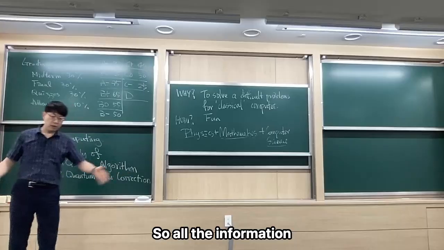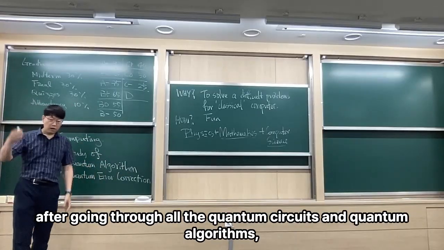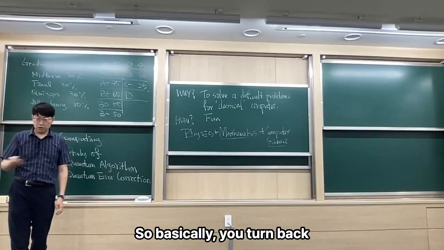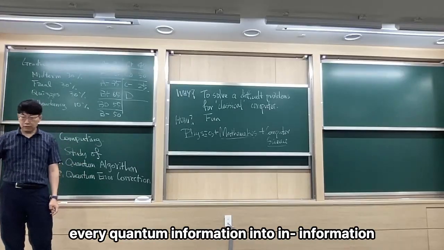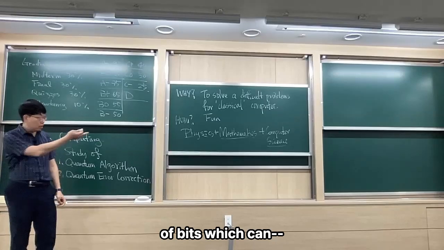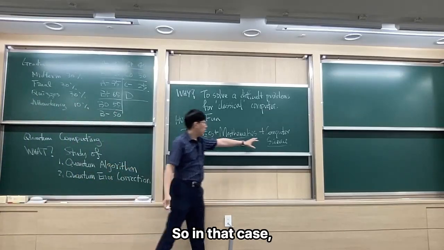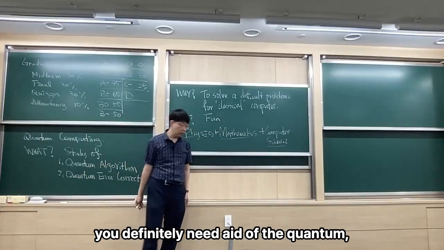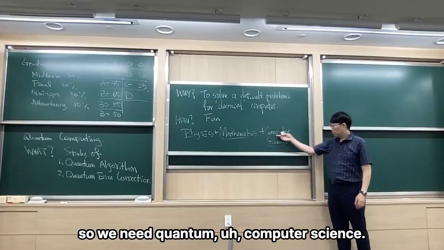So all the information after going through the quantum circuits and quantum algorithms is just 0s and 1s. Basically, you turn every piece of quantum information back into bits, which a classical computer can deal with. So we also need the classical computer, and in quantum algorithms you definitely need the aid of a classical computer. So we need quantum computer science.